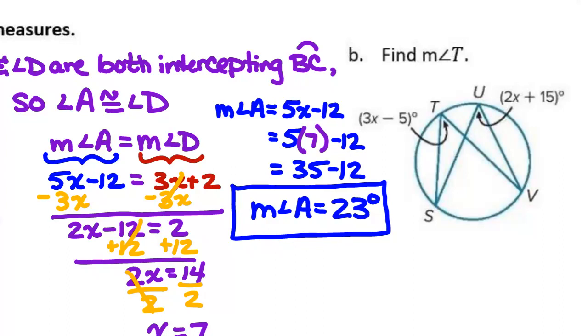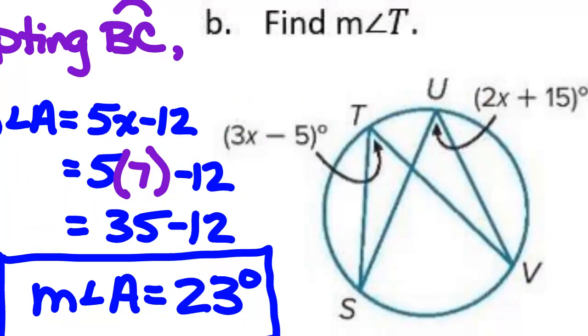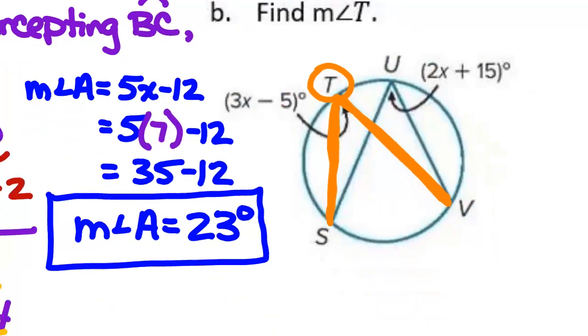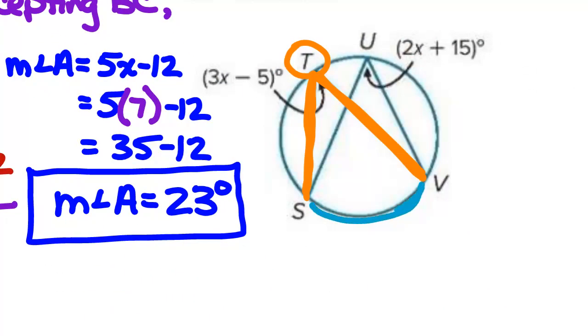Let's try part B. We want to find the measurement of angle T right here. Well, angle T is this angle right here. And it is intercepting arc SV. Are there any other angles that are also intercepting arc SV?